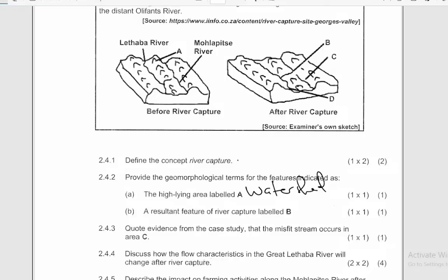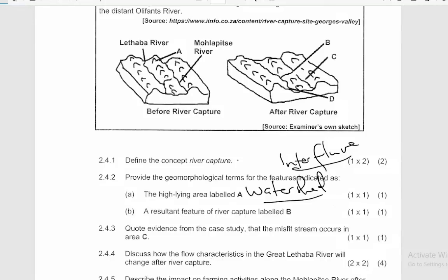It's separating two distinct basins or two distinct river systems. Also what you should note here, there is what we call a watershed and what we call an interfluve. Those two are usually confused for each other. We said a watershed separates two distinct rivers, which means those rivers are different and have their own tributaries as independent streams. But an interfluve is a highlying area which is separating two streams within the same drainage basin, or streams of the same river system.